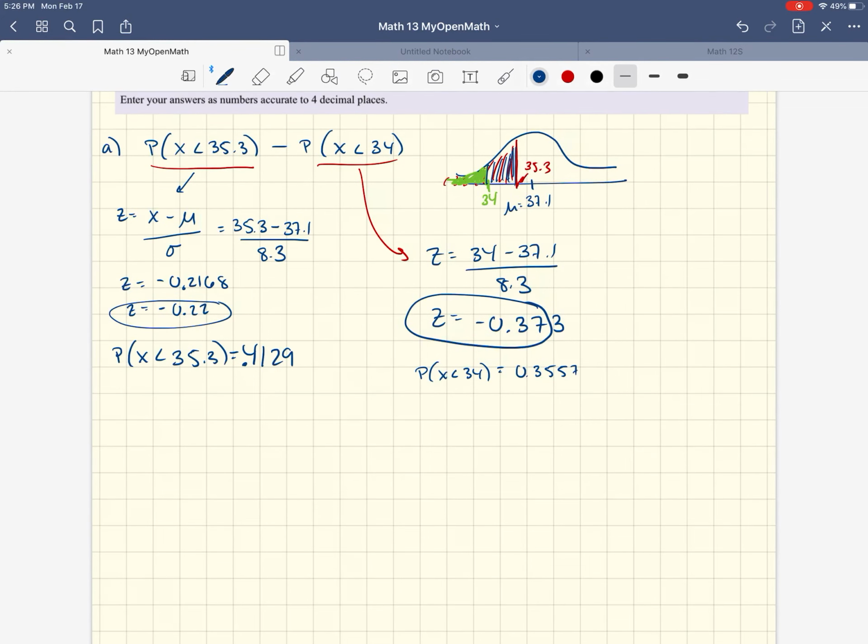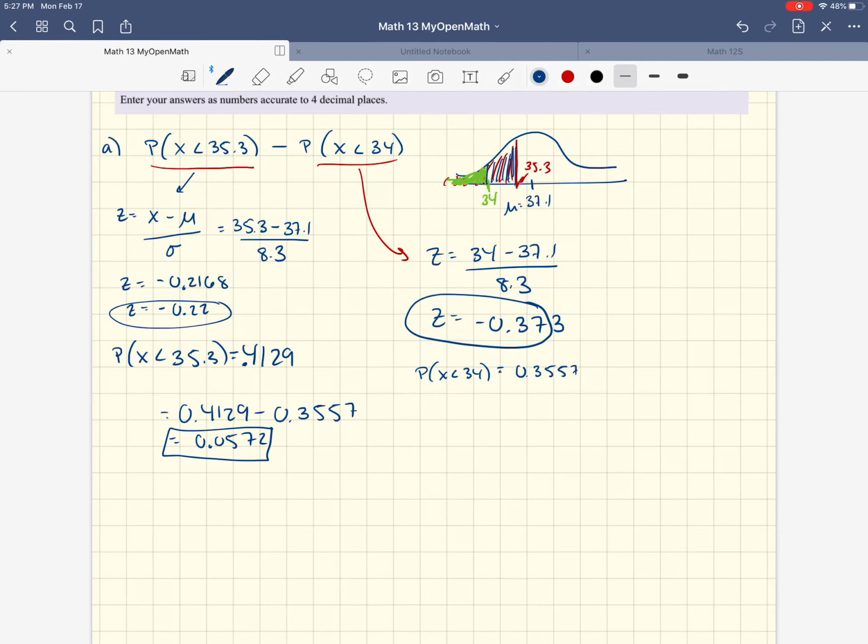Remember, we're going to subtract those two. 0.4129 minus 0.3557 gives us 0.0572. Now, this is an approximate probability because I had to approximate the z-scores with my probability table.